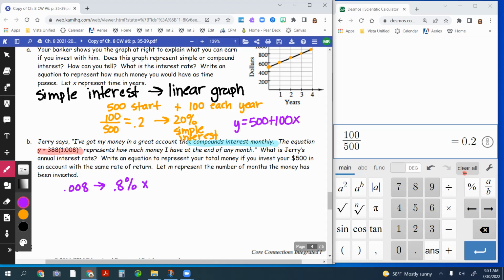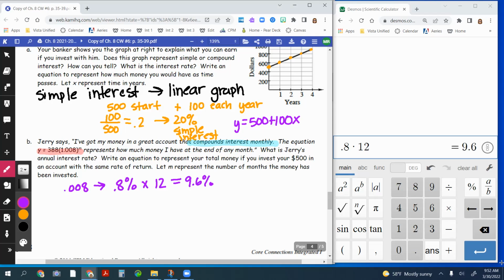So if I take 0.8 times 12, I end up with 9.6%. So this is going to be annual interest compounded monthly.